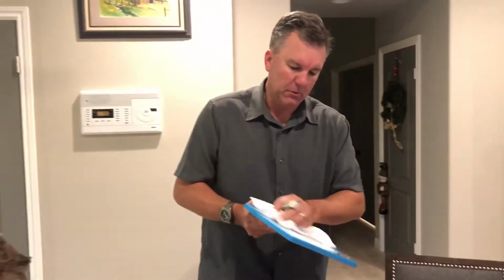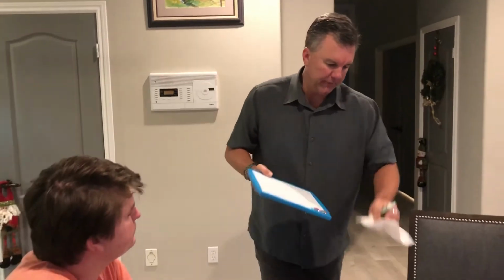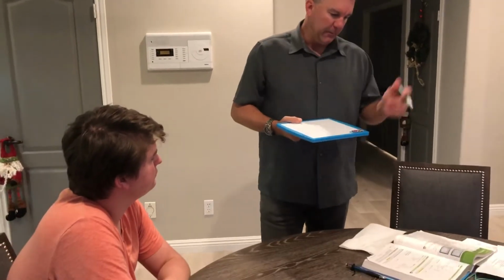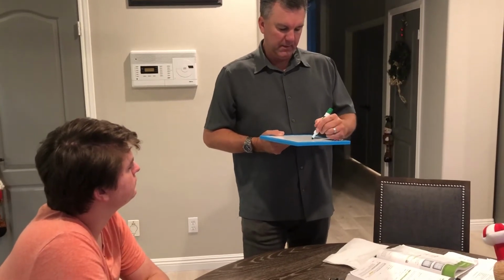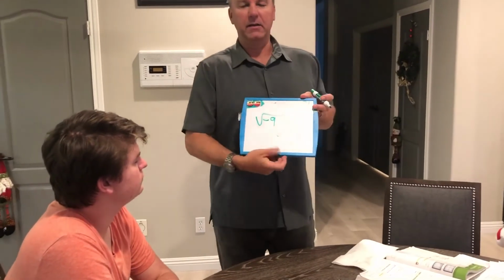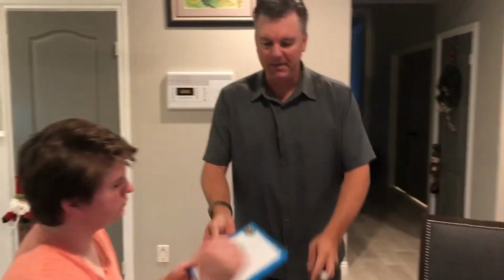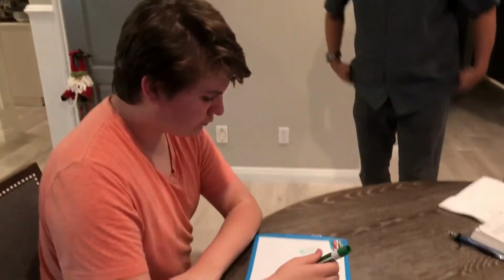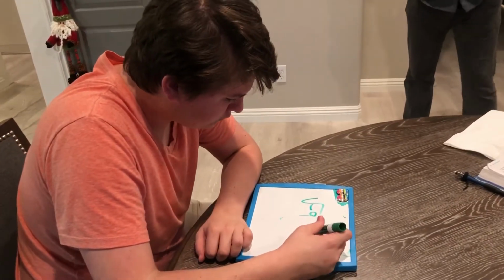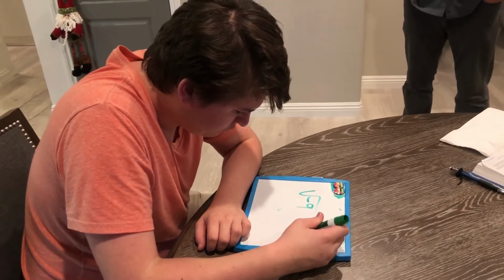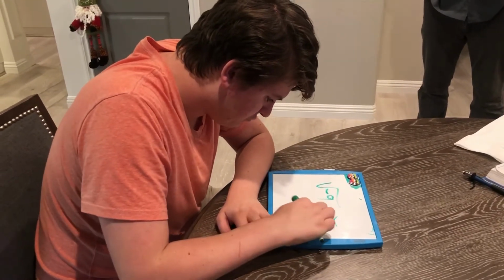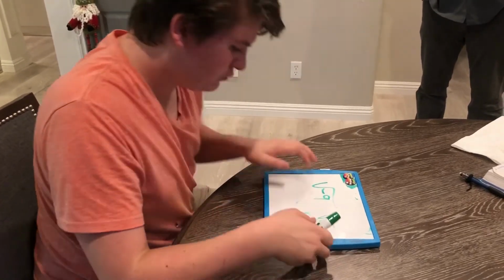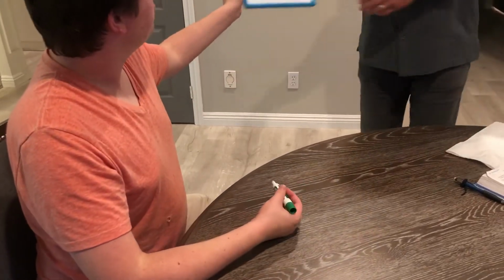Okay, great. So Grant, for this example, I would like for you to simplify for us the square root of -9. And our master, Mr. Grant, the tutee, is going to solve that for us. Okay.